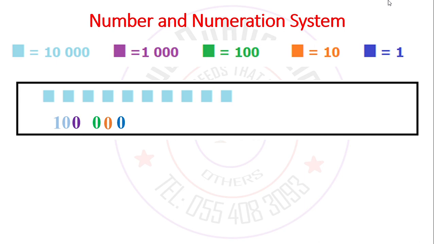Just group them like this until what is remaining at the left is not up to 3. Then you leave it. So if you group them in groups of 3, we have one group, and the rest is not up to 3. There is no other digit there.